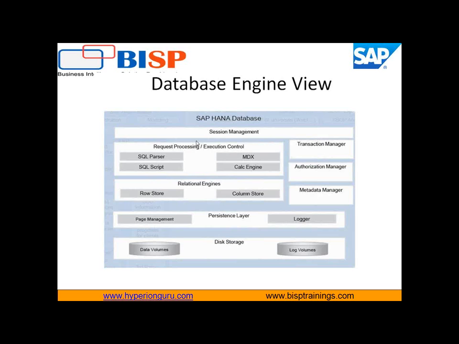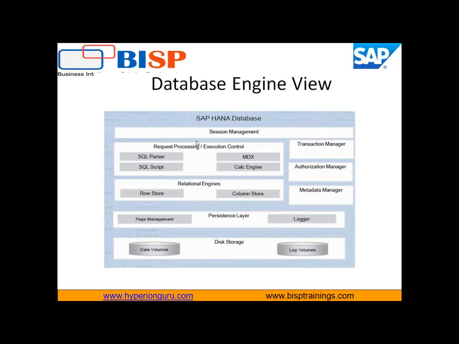The database schemas and the data models that we develop are available in the metadata manager, and that information can be read from the metadata manager. The SQL script will redirect accordingly, whatever the request is, once authorization is done. If it is row store and column store relational work, the reading can be done with the help of relational engines.